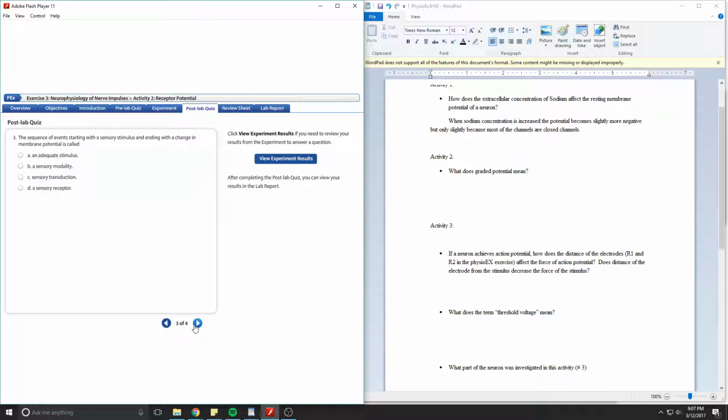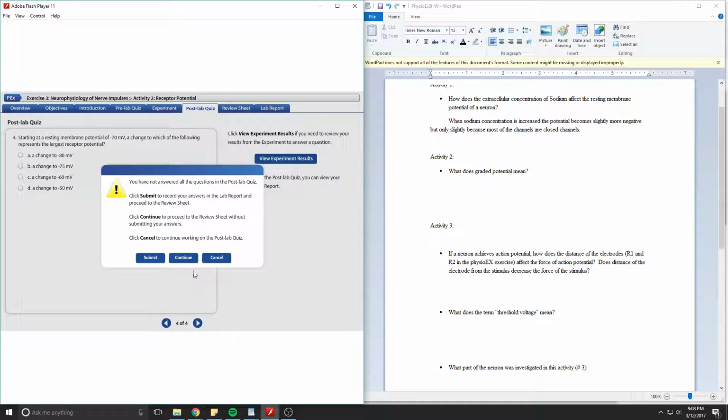I don't know. The sequence of events starting with the sensory stimulus and ending with a change in membrane potential is called... Oh god, I have no idea. Sensory modality?